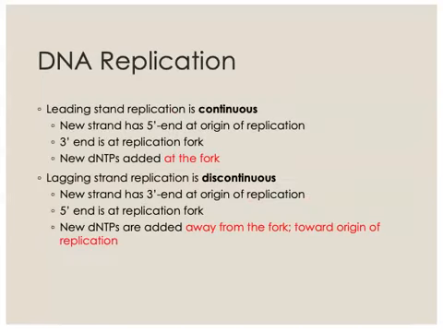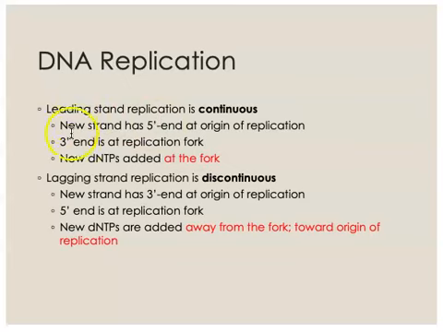Leading strand replication is a continuous form of replication. The enzyme is just adding new nucleotides, one at a time, one after another. The way that the leading strand area is oriented is it has its 5' end at the point of origin.